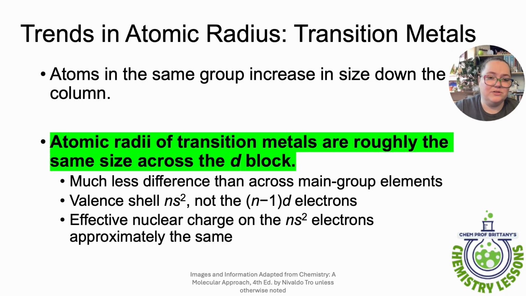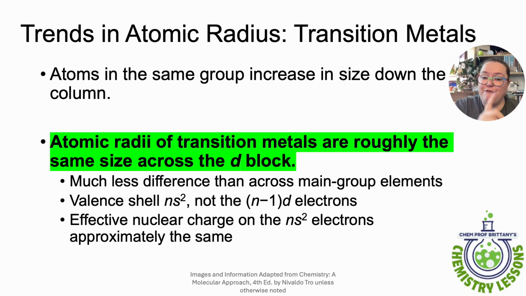For our transition metals, atoms that are in the same group increase in size as we go down the column, and the atomic radii as we go across the d block are pretty much the same for all of the elements. There's a lot less of a difference, and that's because our valence shell is already full, or mostly full, and that's not changing because we are adding core electrons.